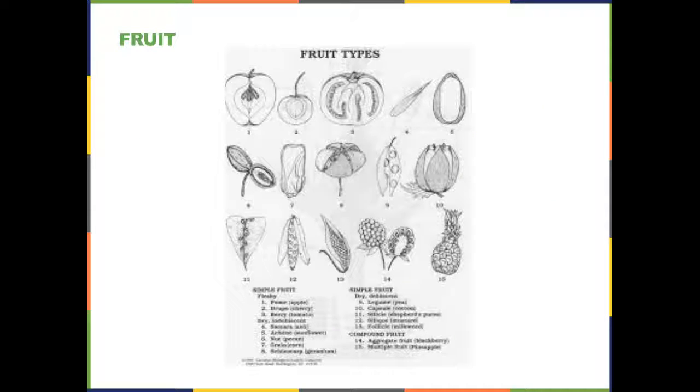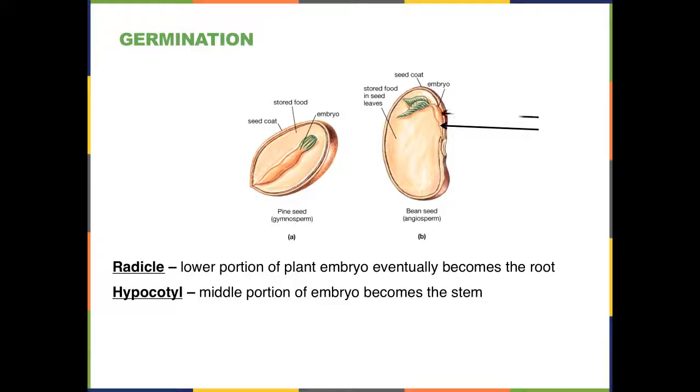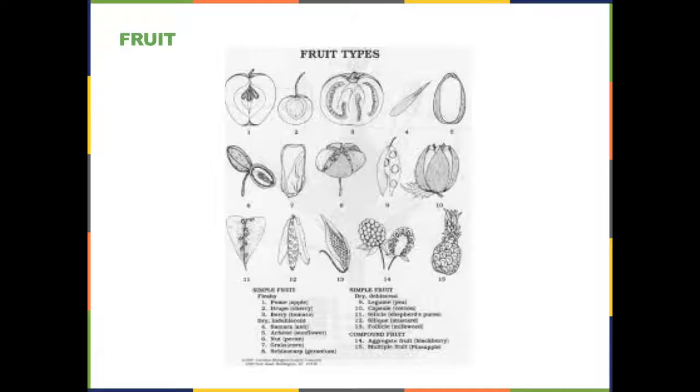Now this diagram is a review diagram, and you might want to look at this in a little bit of detail. There's essentially two kinds of fruit. There are fleshy fruits, which are up here, and the fleshy fruits are the pomes, drupes, and berries.